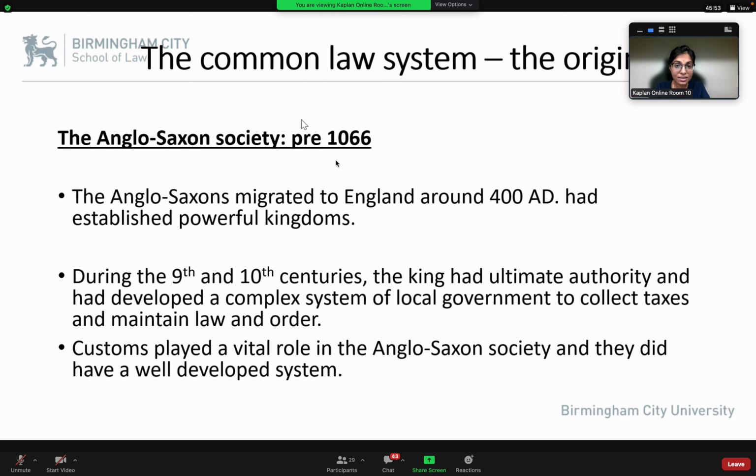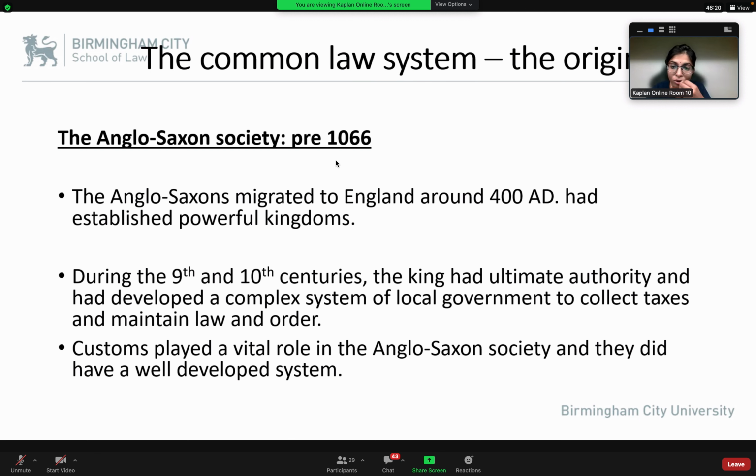Now, let's talk about, so we are done with the first part, which is to understand what is a legal system. Okay? So now that we've seen what is a legal system, the next is for us to look at, we want to focus on the English legal system. The English legal system is based on the common law system.